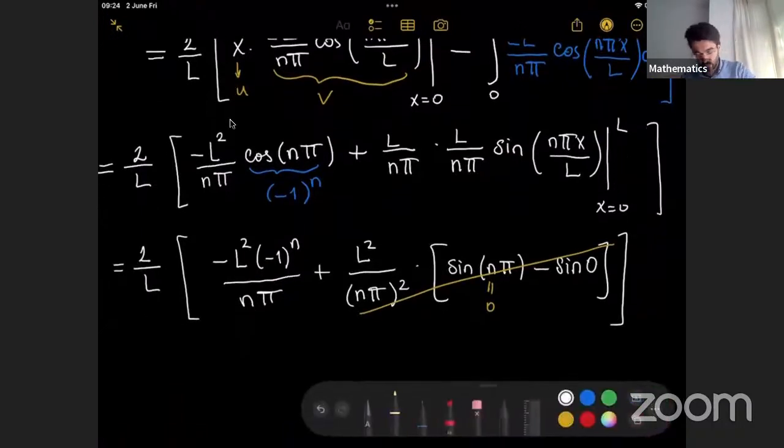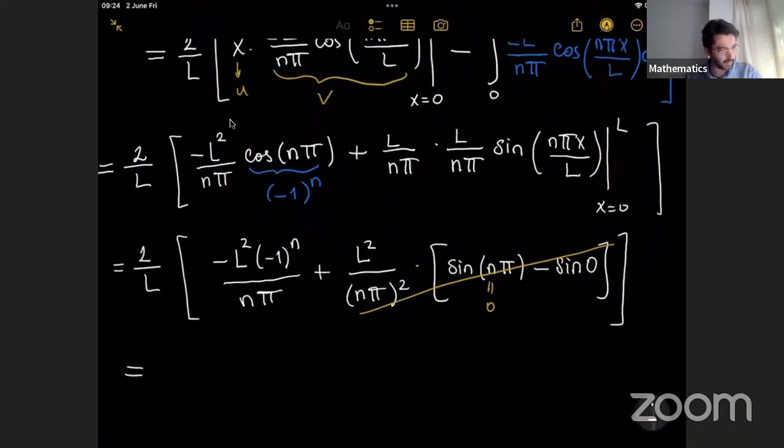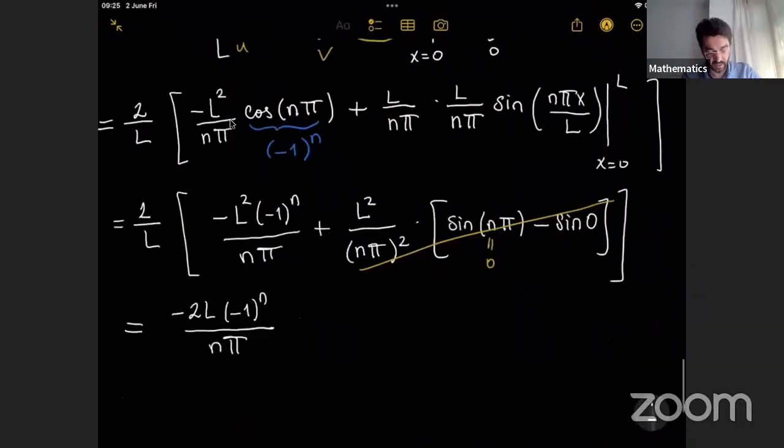So the resulting part will be, if I am not wrong, well, there is a cancellation here, minus 2L minus 1 to the n over n pi. Let me check this. Okay, looks good. So this is the coefficient here, Bn.